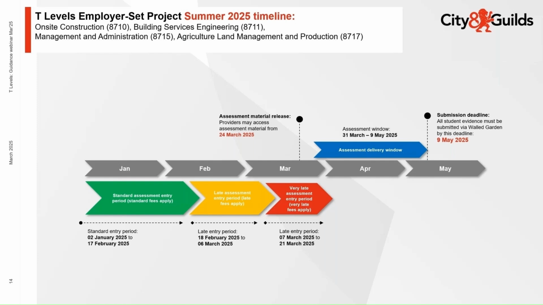So you should have made all your bookings by now, as we're in the very late booking window, which closes on the 21st of March, and assessment materials are released on the 24th of March. The assessment delivery window commences on Monday the 31st of March, and you'll be able to access the bookings on the evidence management system from Monday the 31st to begin uploading your evidence through the delivery window, again with the submission deadline date of the 9th of May.